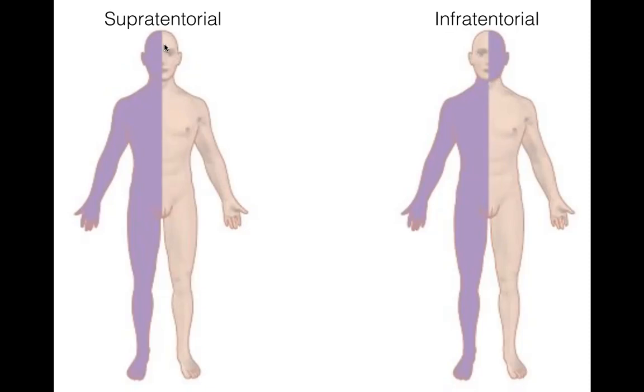In contrast, for supratentorial lesions, the manifestation would be all on the contralateral side for structures located above the neck and below the neck.